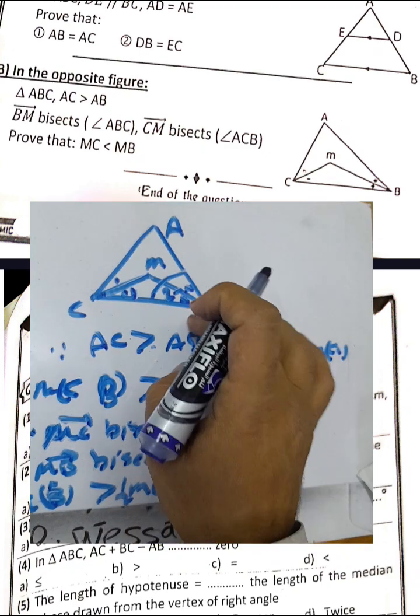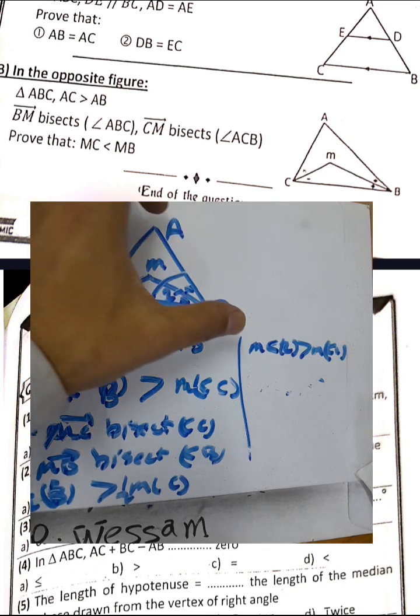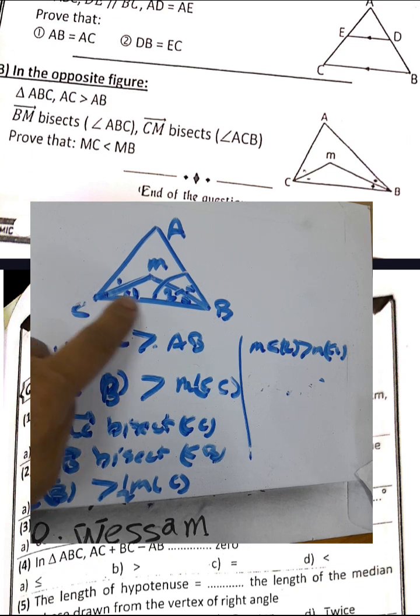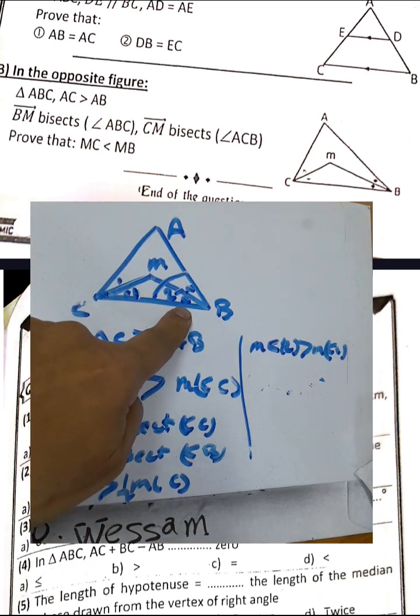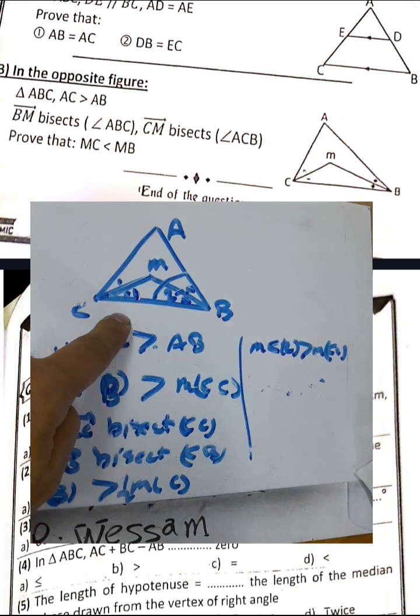AC is opposite B. You want to find the relation between two angles. If we have AC greater than AB, then the measure of angle B is greater than the measure of angle C, then half of this angle is greater than half of this angle, then angle 2 is greater than angle 1.